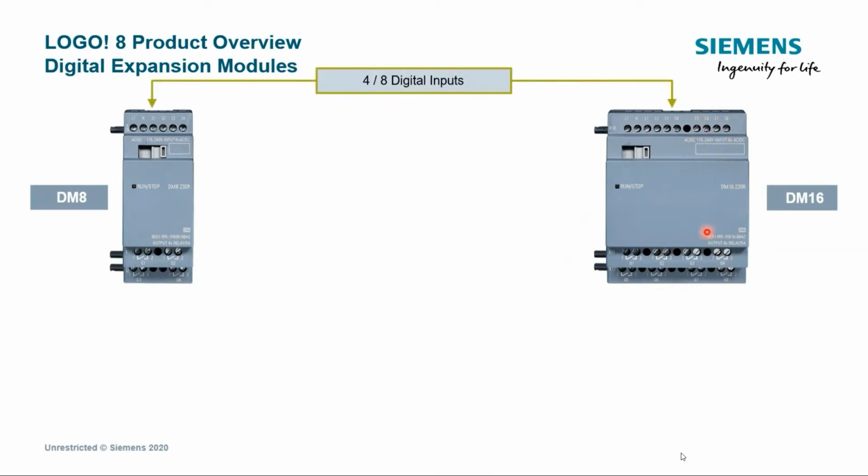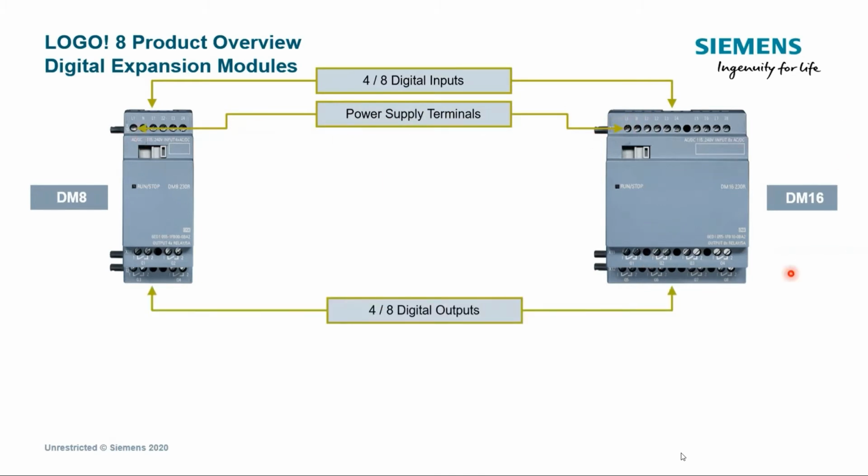And again, just like before, you will see that these digital inputs are here on the top. The power supply terminals are always here on the top left of the module. Outputs are always at the bottom for digital, so 4 or 8 depending on the module. And there is a run stop LED for diagnostics, so you would know the status of the expansion card itself.